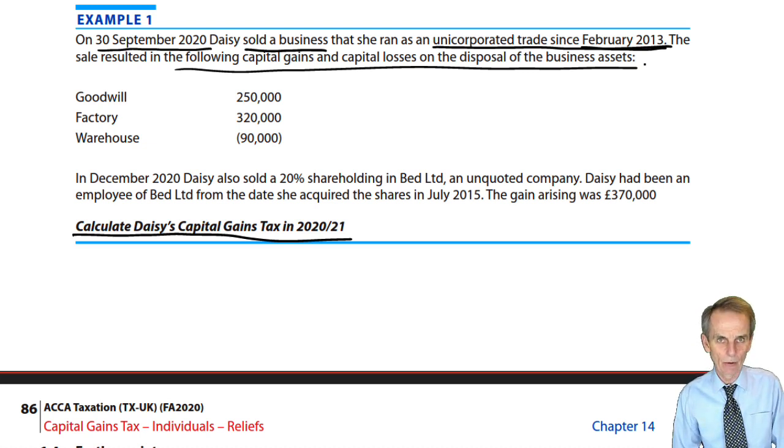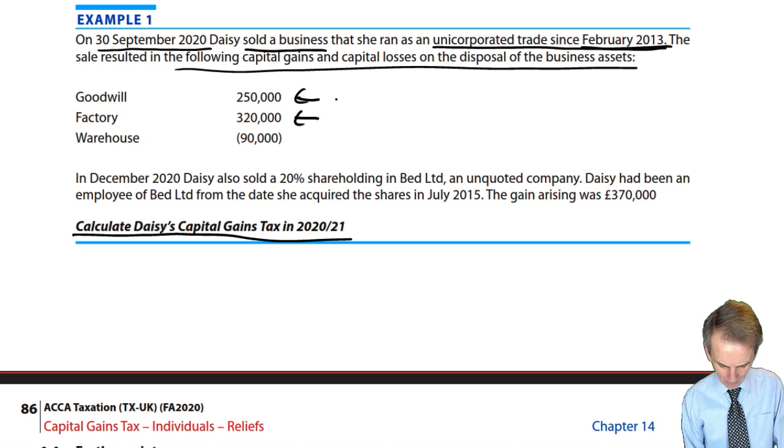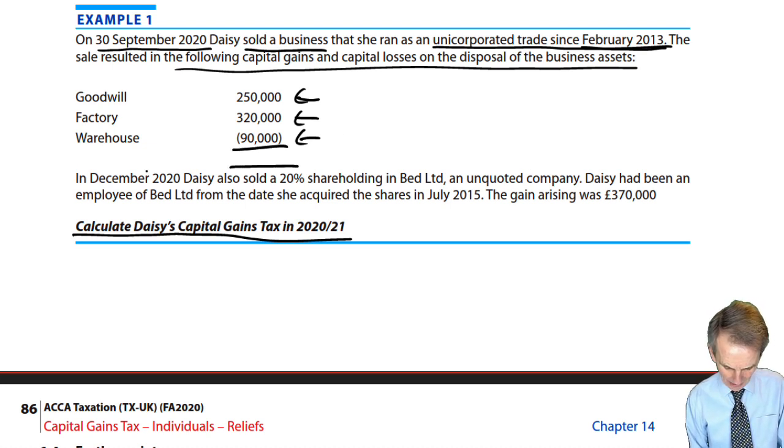And the typical business assets that you see for the unincorporated trade where gains will arise are goodwill and business property. Here it's a factory. But what we've also done is to stick a warehouse in there. In terms of the gain qualifying for business asset disposal relief, you must establish the net gains.